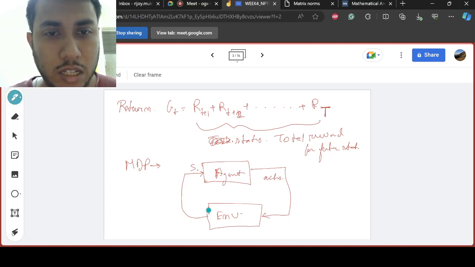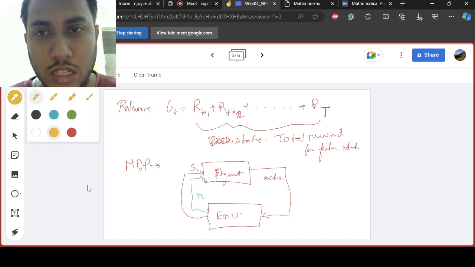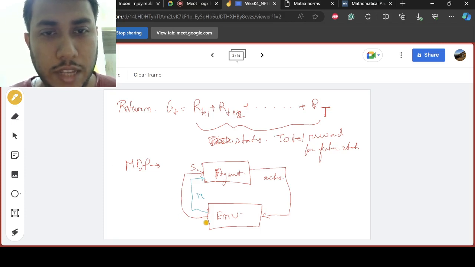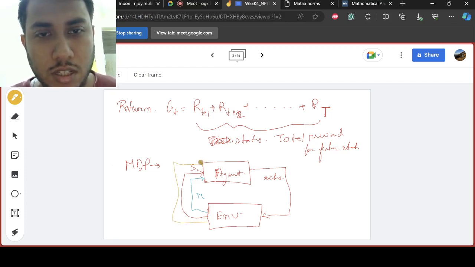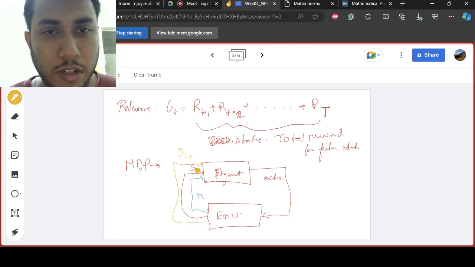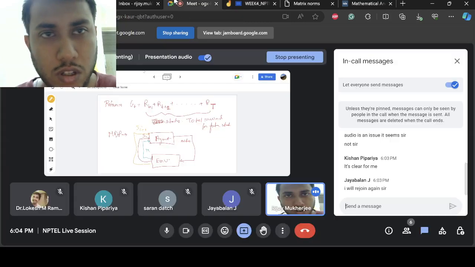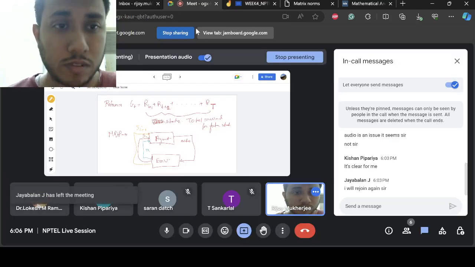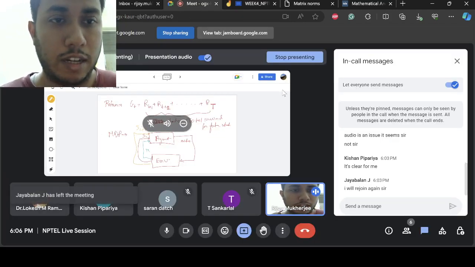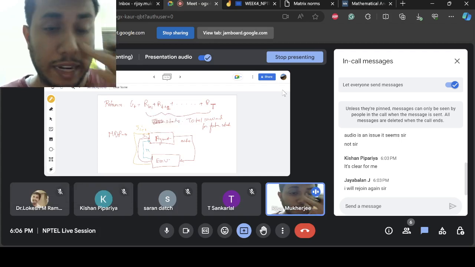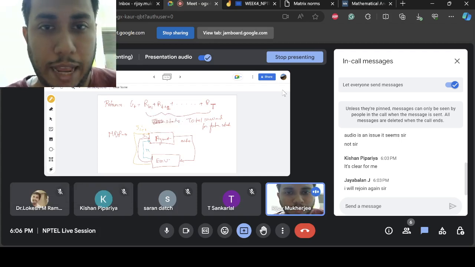Accordingly, it gets a reward corresponding to it, and the state changes to Si plus 1, if it was previously Si. This was the state and action structure that was discussed for an MDP.